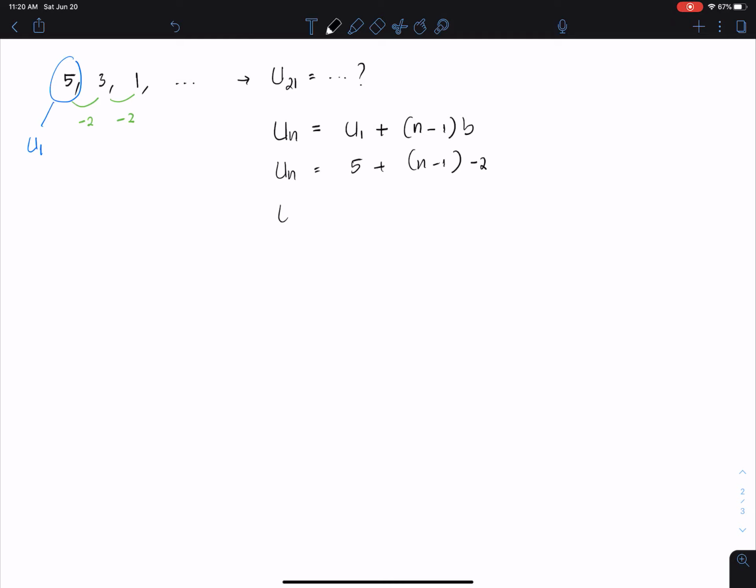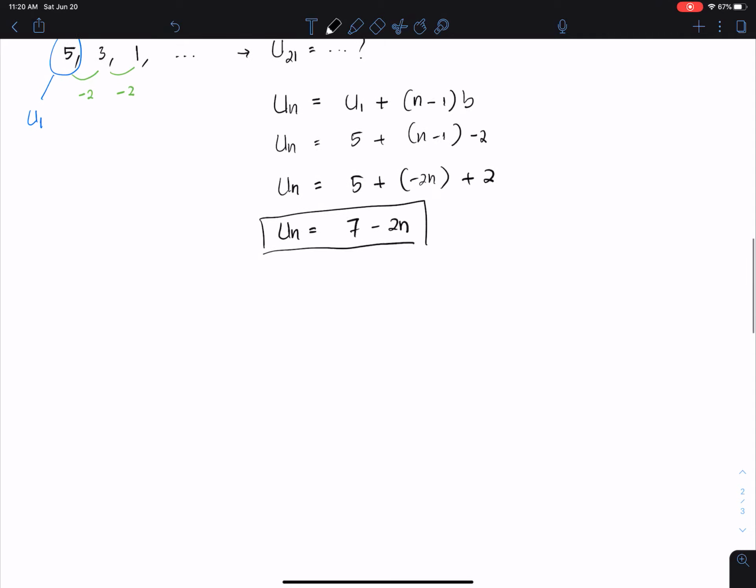So over here we have un equal to 5 plus minus 2n plus 2. Then we can simplify this, it is 7 minus 2n. So this is the formula for this particular sequence.